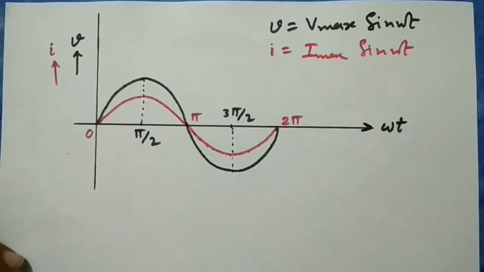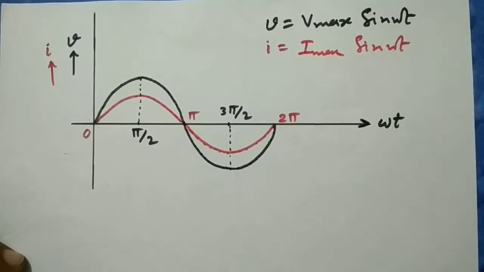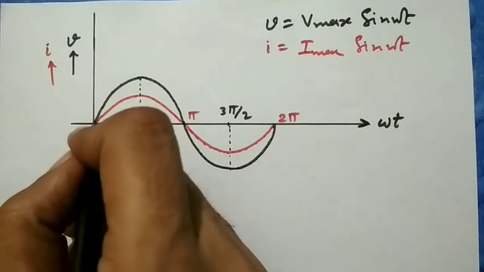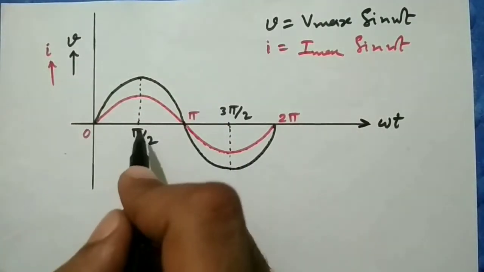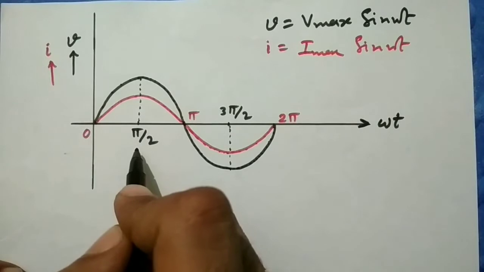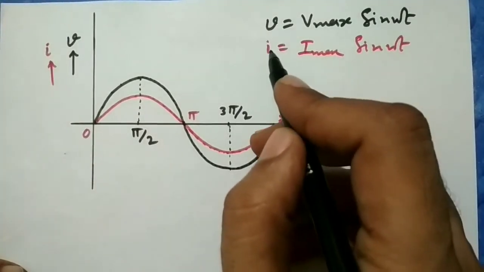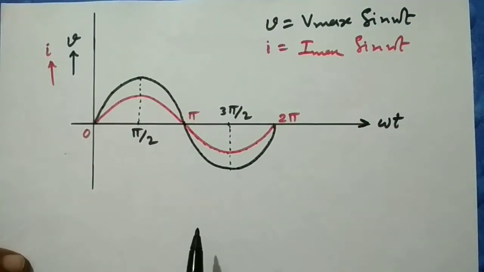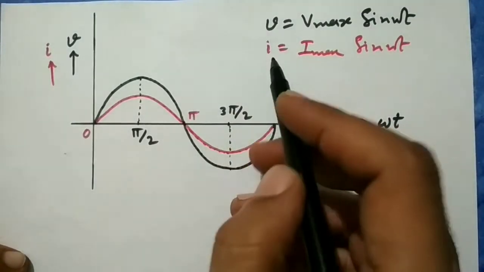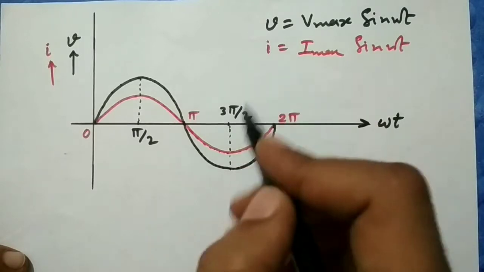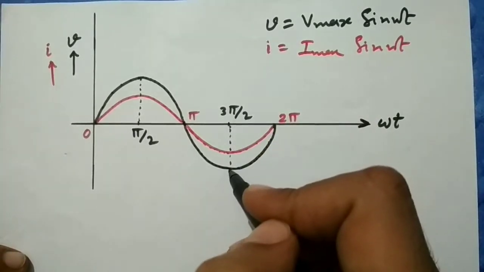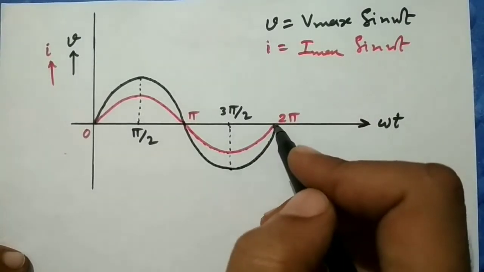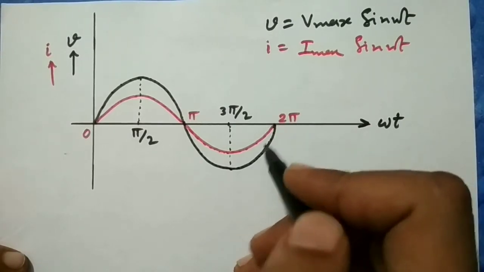So at omega t equal to 0, both the voltage and current will be 0. So both waveforms will start from 0. At 90 degrees, that is pi by 2, voltage and current both will be maximum because the sin omega t value will be maximum. Similarly at pi, both values will again be 0. At 3 pi by 2, both will be negative, and at 2 pi, both values will again be 0.